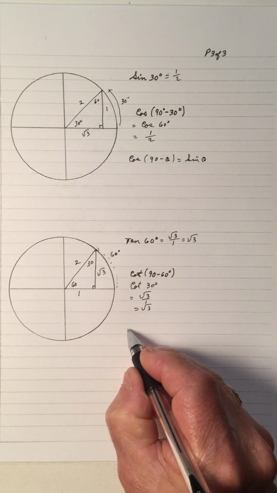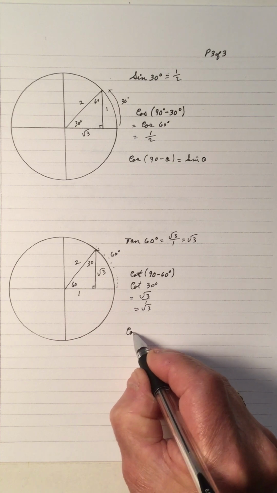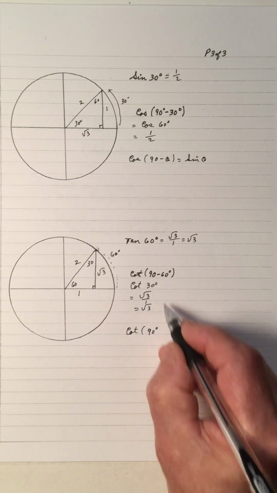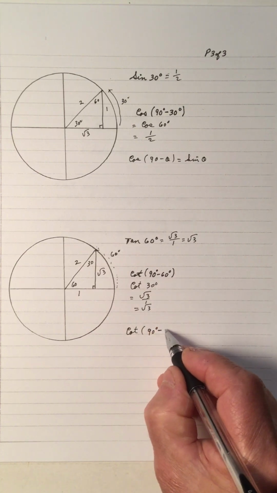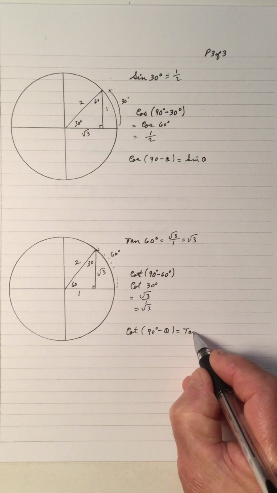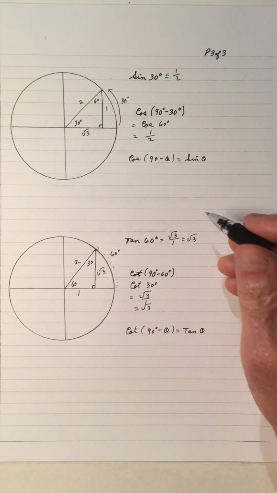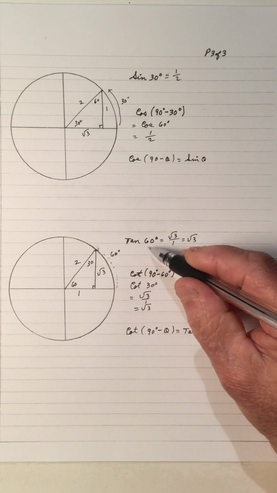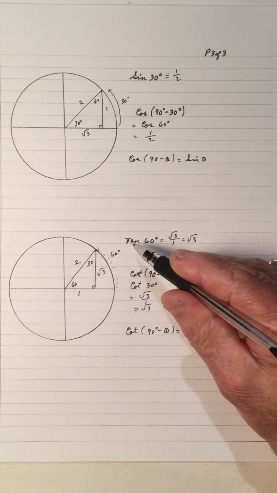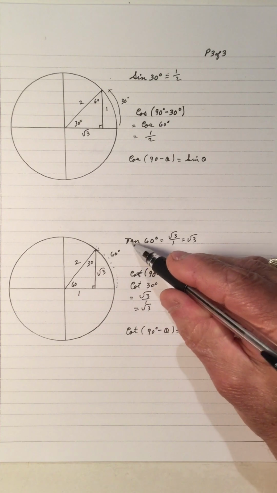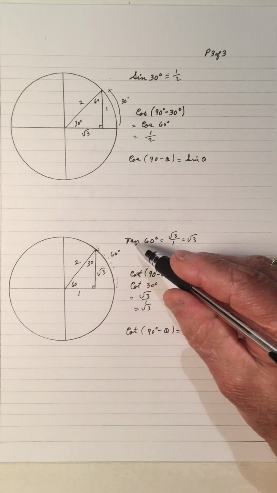So the cot of 90 minus theta is equal to the tan of theta. Notice 60 and 30 are complementary, so the tan of 60 is the cot of 30. They're complements to each other.